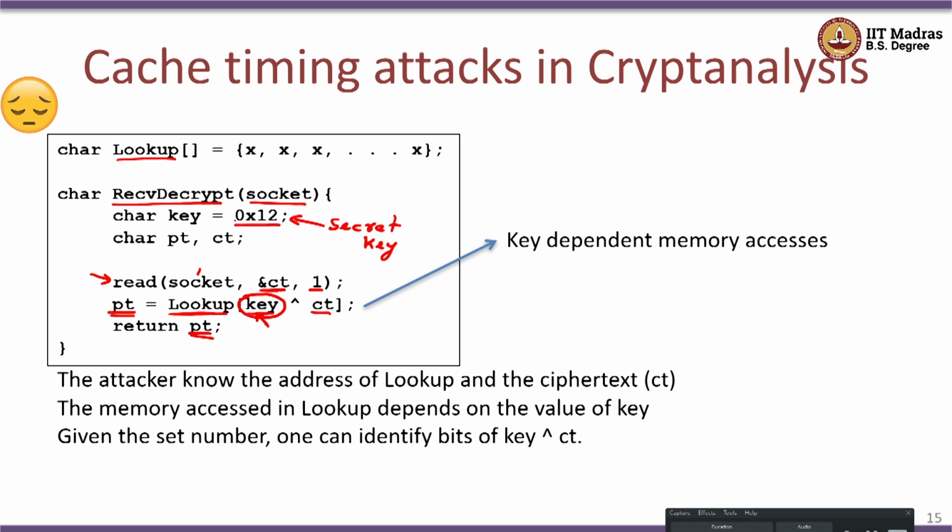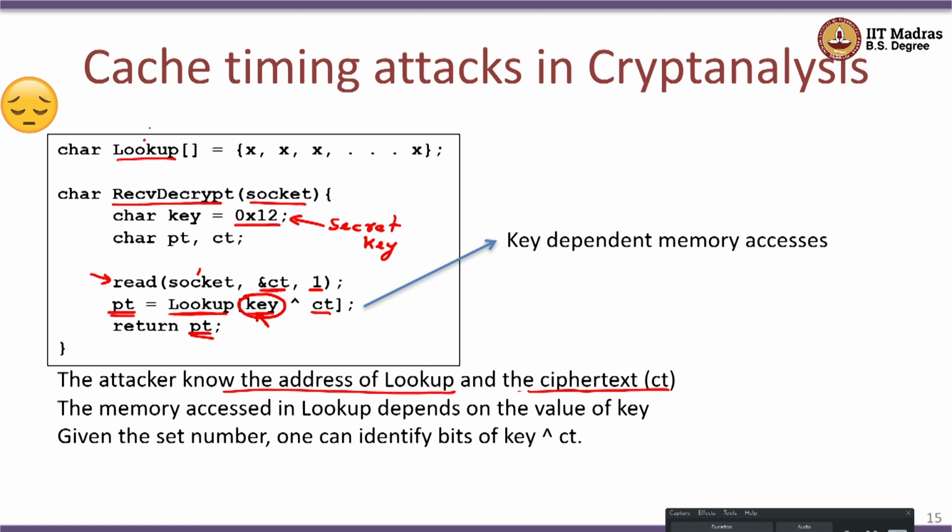So it's quite likely that the ciphertext, which is in the encrypted form, is essentially known to the attacker. So in other words, what we have is the attacker knows the ciphertext CT, and we also assume due to some other mechanisms, the attacker also knows the address of the lookup.